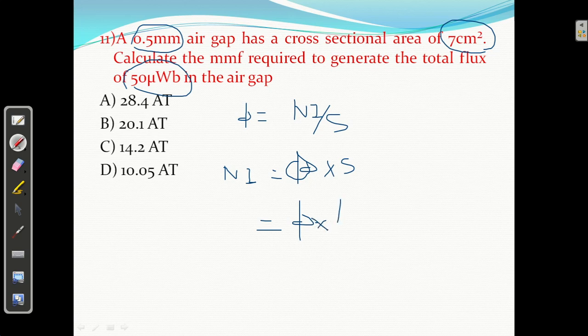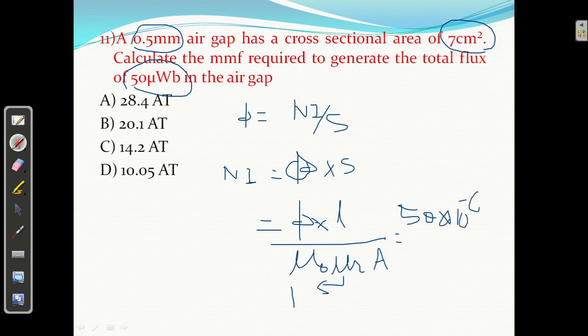Ni equal to phi into S, where S equals L upon mu 0 mu r A. And what about mu r? 1 for air gap. So phi, we have given 50 microweber, which means 10 raised to power minus 6.